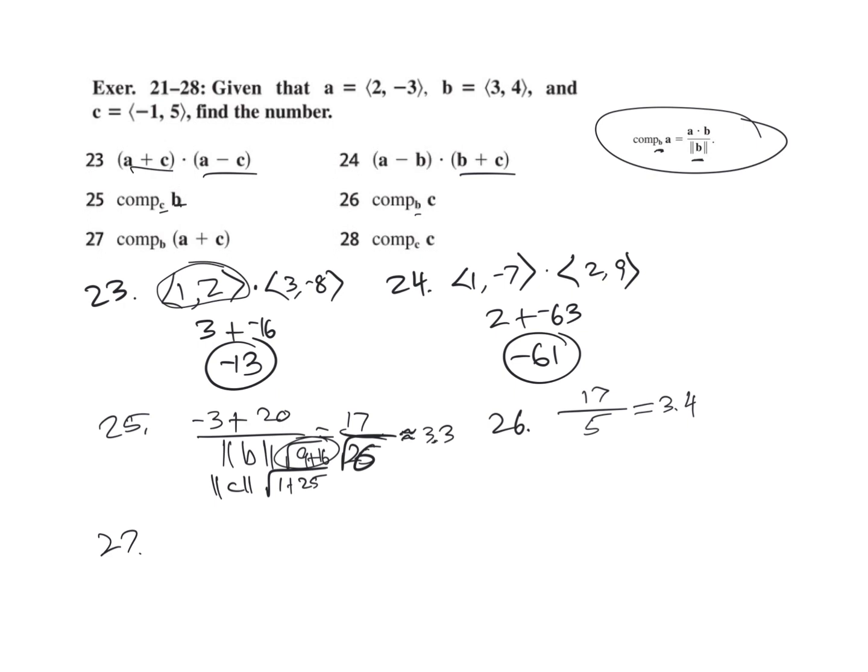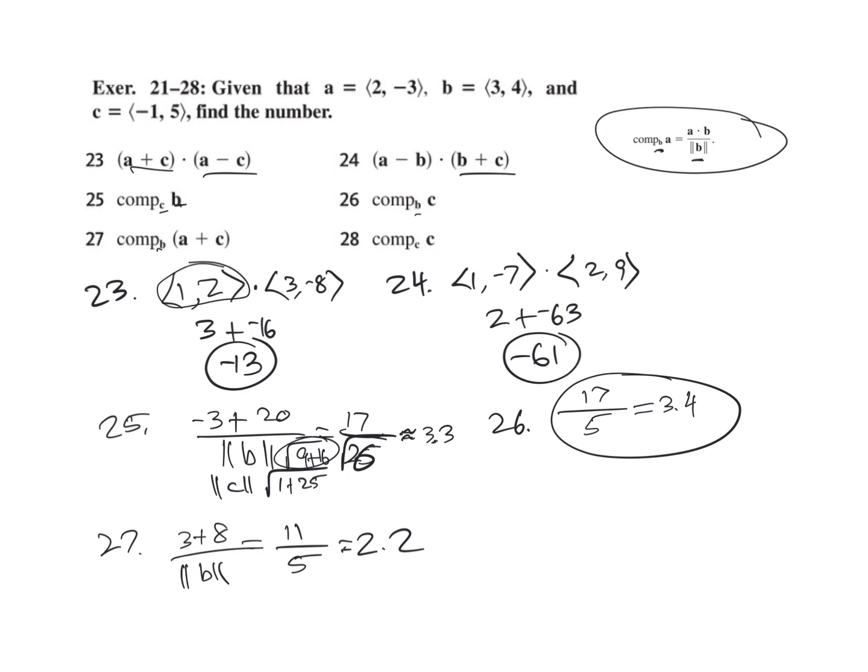So 1 times 3 is 3, and 2 times 4 is 8. So that dot product is 11. And now we need the magnitude of the base, b, again, which is 5. So 11 fifths. So 11 divided by 5 is 2.2 exactly.